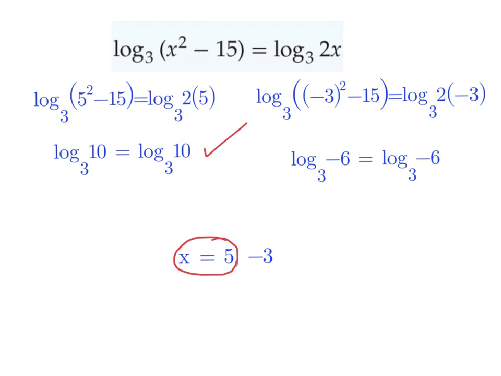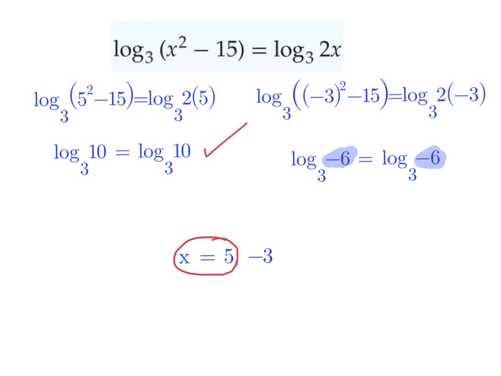However, this is the reason why I went over that very first slide again from yesterday. This number can't ever be negative. That is a problem. Let's think about what a logarithm really is. 3 to some power can never be a negative. No matter how many times I multiply 3 by itself, it will always be positive.